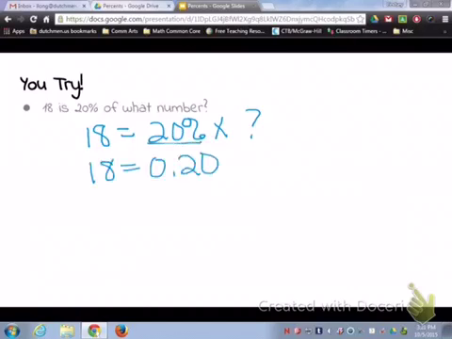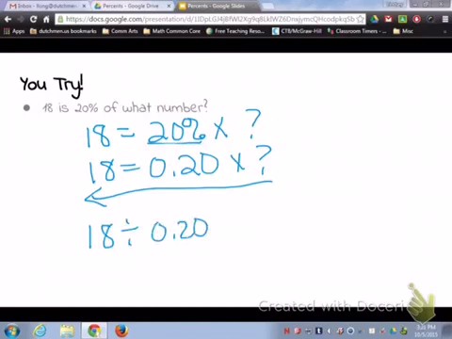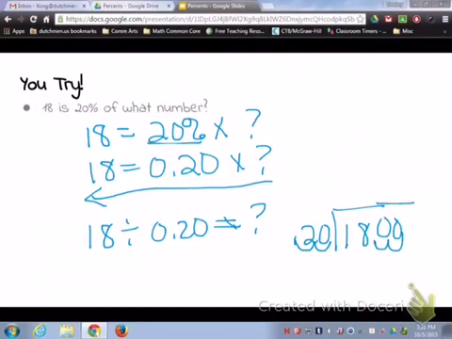Then to solve this, I work backwards. 18 divided by 20/100ths is what? So then I would divide. I can't divide by a decimal, so I move the decimal 2 places and fill in zeros.